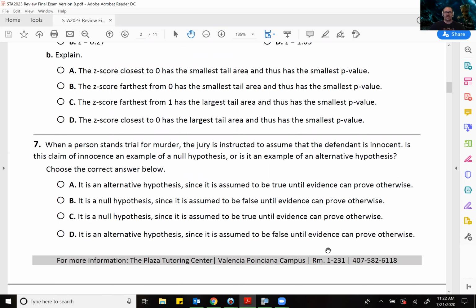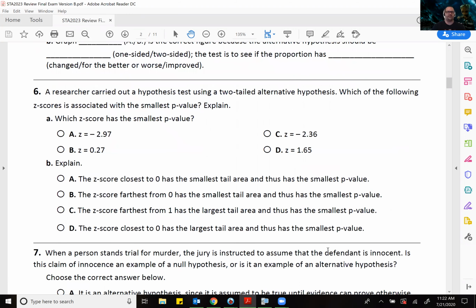So when we look at number 6, which one of these is the largest z-score? And by large, I mean you ignore the negative sign. Okay. So in other words, up here, when you look at all these, who is the largest number? It's actually A. We don't worry about the negative sign. It's like we ignore it.